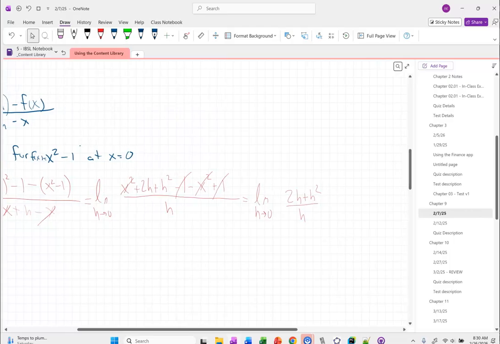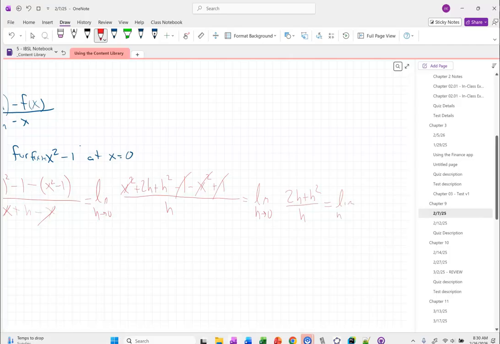Everyone so far so good? No mistakes yet? I don't think. So I can reduce this, right? Because you can think about factoring an h out front, so that can reduce.